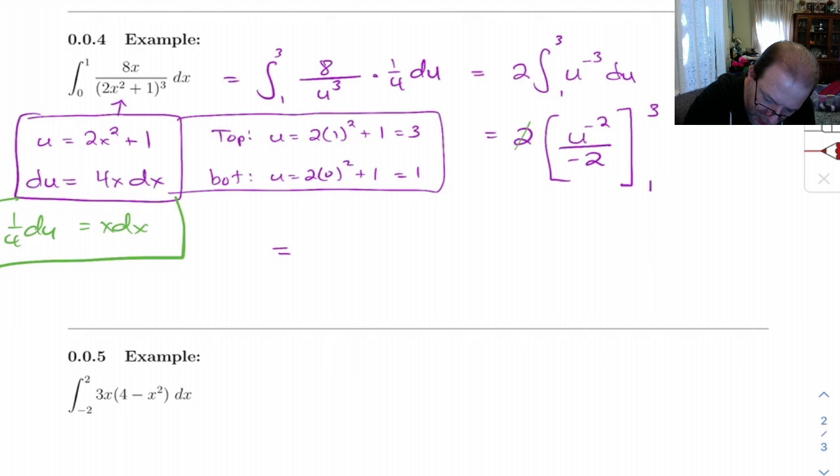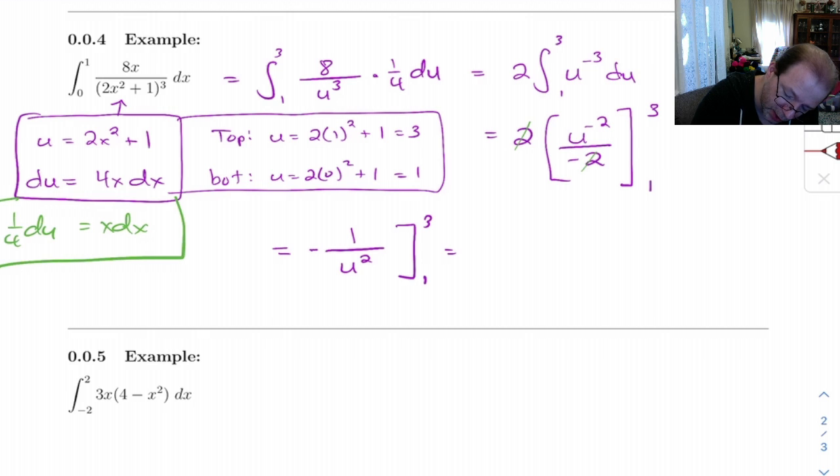The 2 cancels with this 2, and so we're left with, up top we've got u to the negative 2. Let's bring that downstairs. And we've still got that negative on there. So we can rewrite this as 1 over u squared, and the whole thing's negative from 1 to 3.